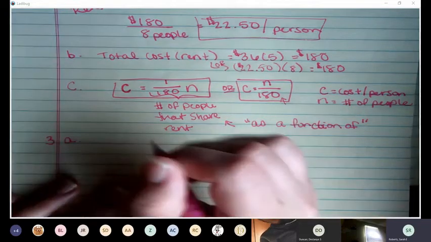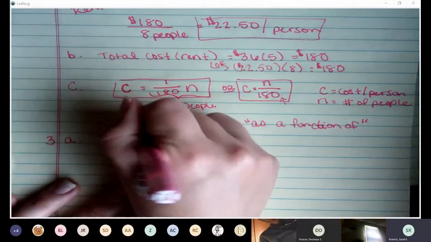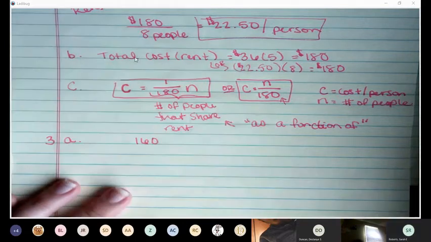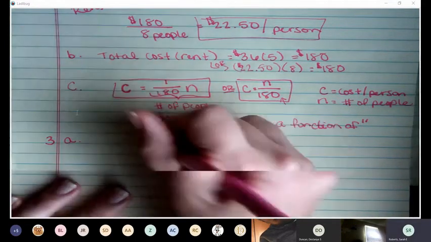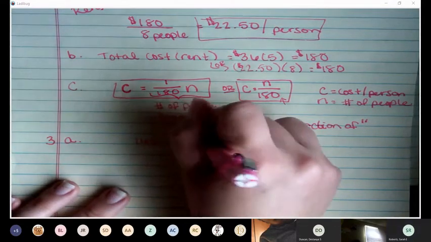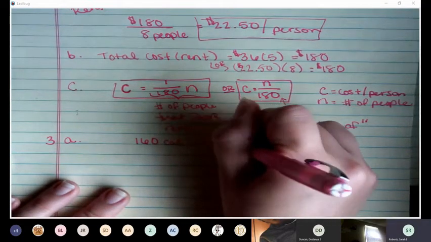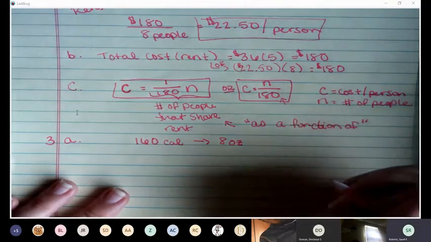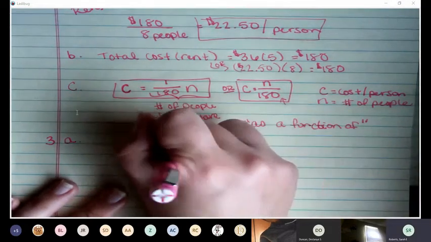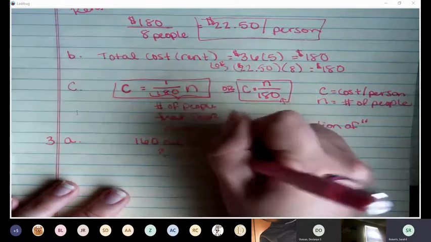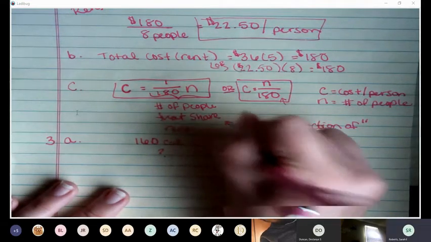So in part A, it says that there are 160 calories in 8 ounces of milk. It says find the number of calories. We don't know the number of calories in a 15-ounce glass of milk.